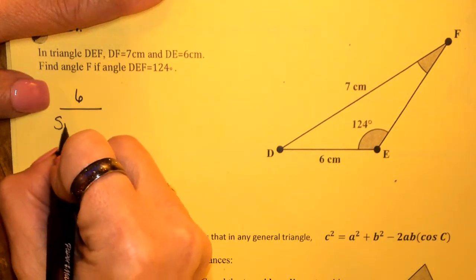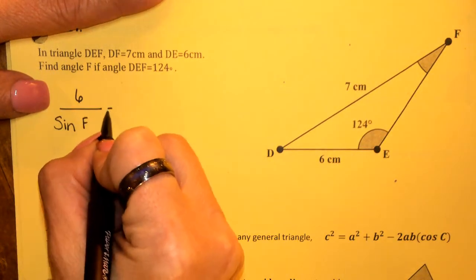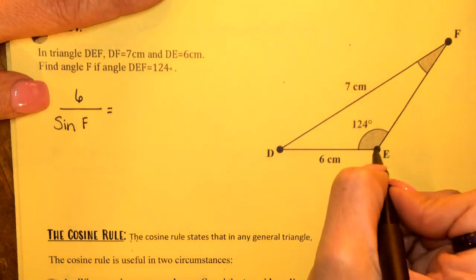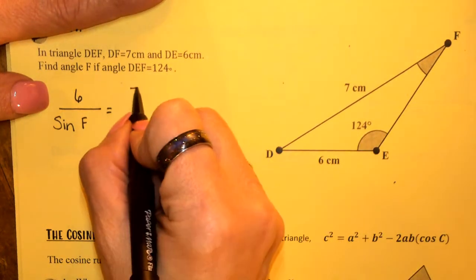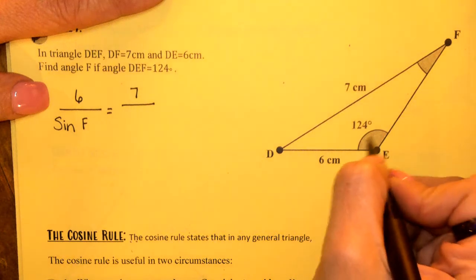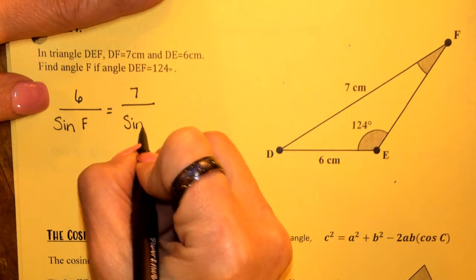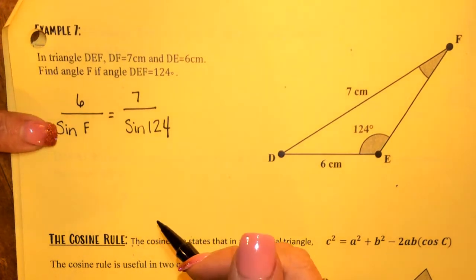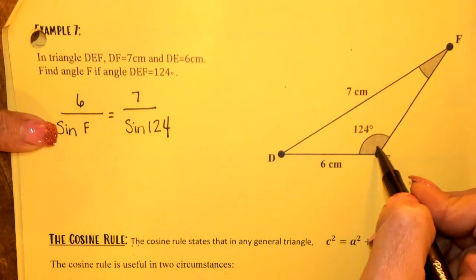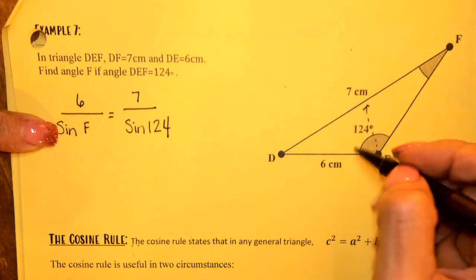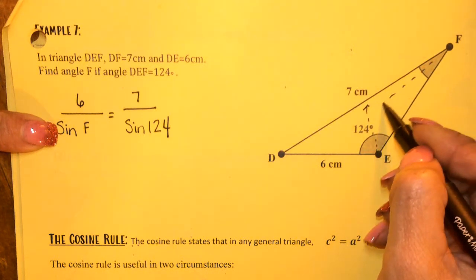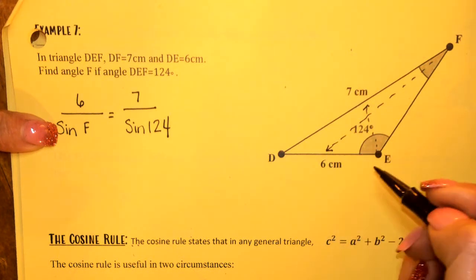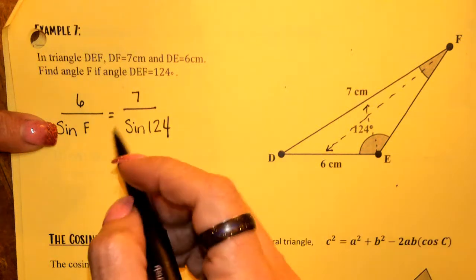So I would say sine of F would equal, and it doesn't matter which way we go, but we're going to do it this way, 7 over sine of 124. Now, one more time, if you already understand that, solve this for sine F. Remember, you're going to look opposite the angles, and those are the ones across from each other. That's how I set this up.